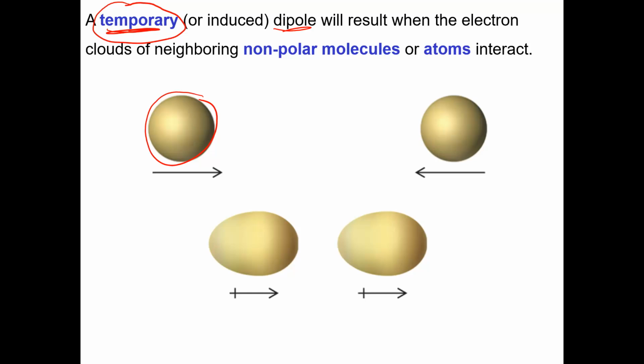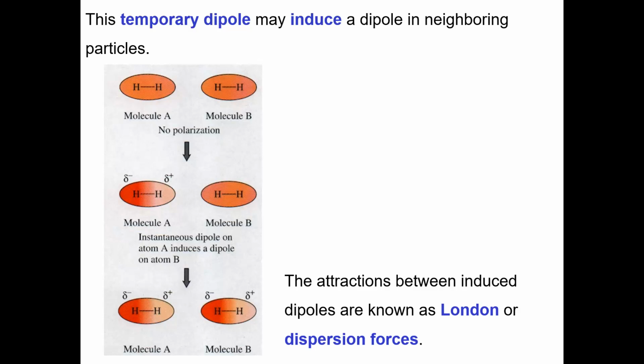When that happens, we can get quite strong interactions between nonpolar molecules or atoms. I'll show you how this typically forms using the example of hydrogen molecules, which are nonpolar. Here we have two H2 molecules, and they're nonpolar, right? So they don't attract one another.